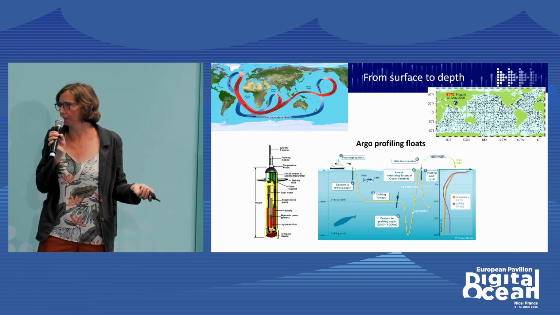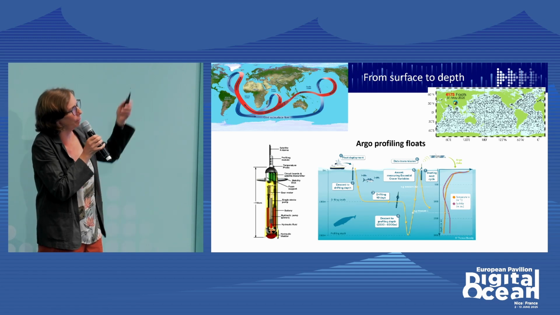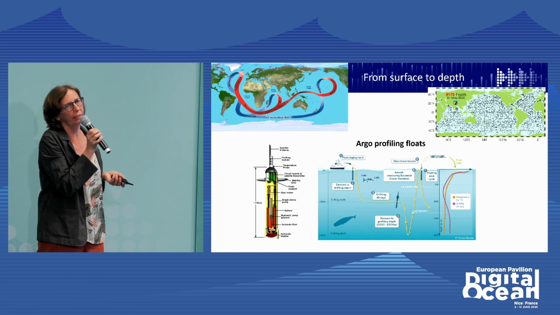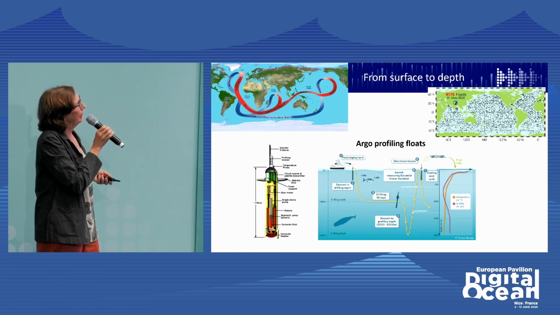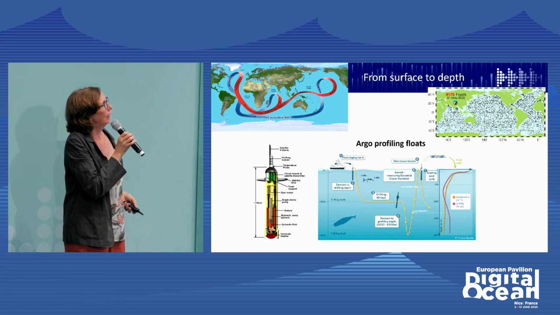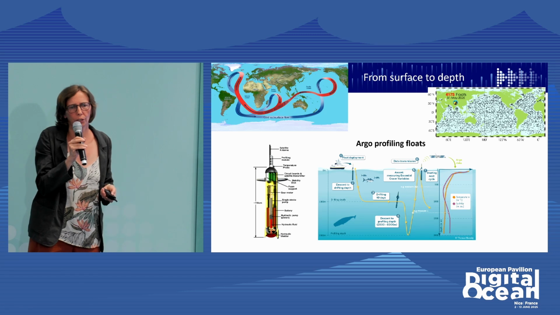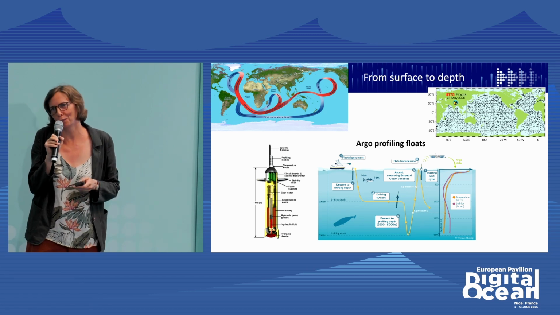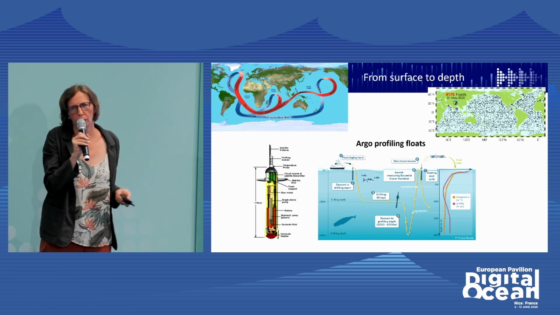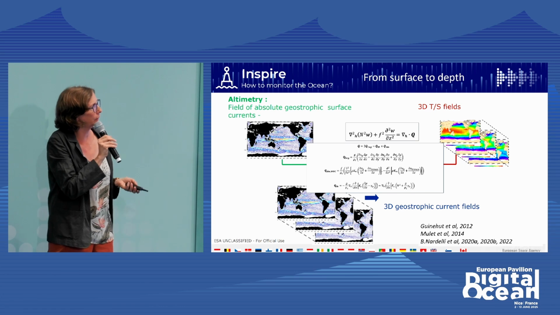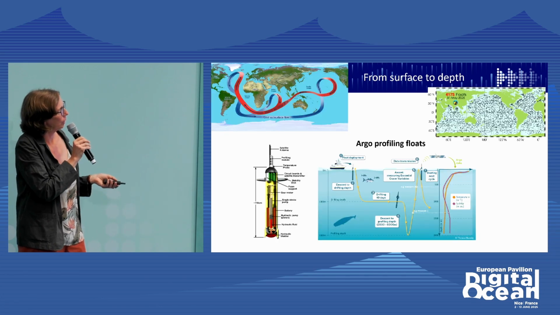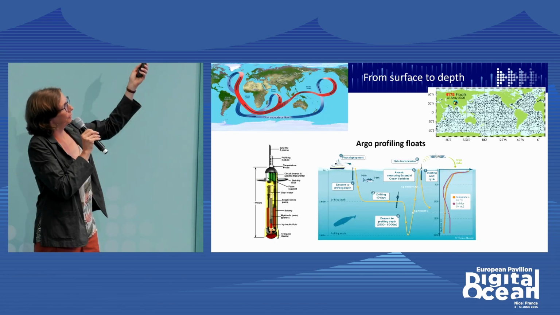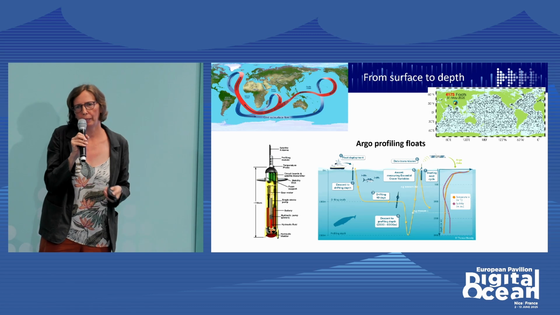And my last slide, I come back to the thermohaline circulation I was mentioning at the beginning, which is a 3D movement of the water. And of course, one limitation of satellites also is that we are seeing the surface and we don't see the depth. And this thermohaline circulation is mainly driven by density changes.